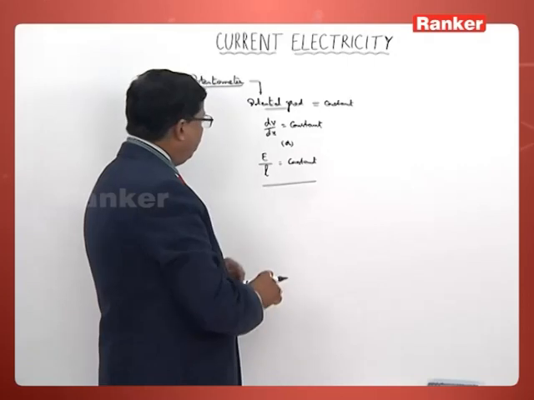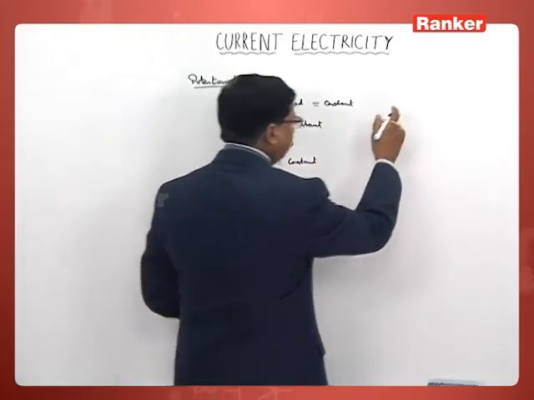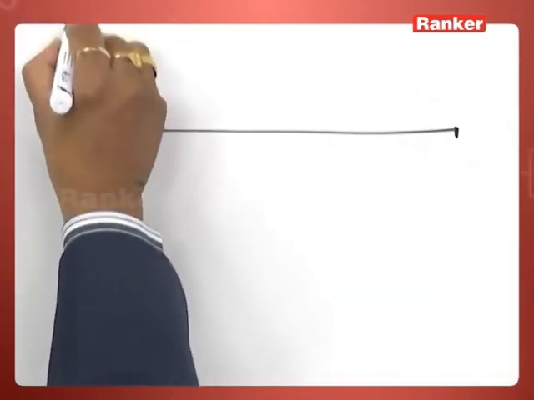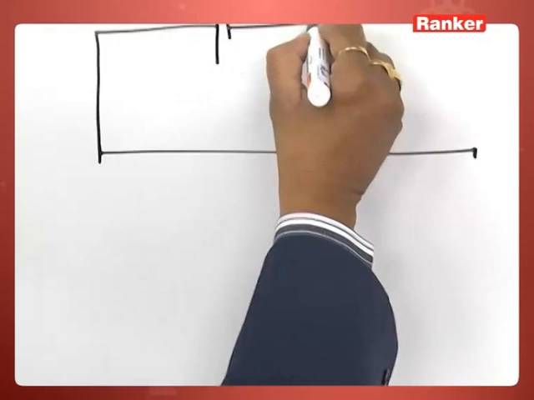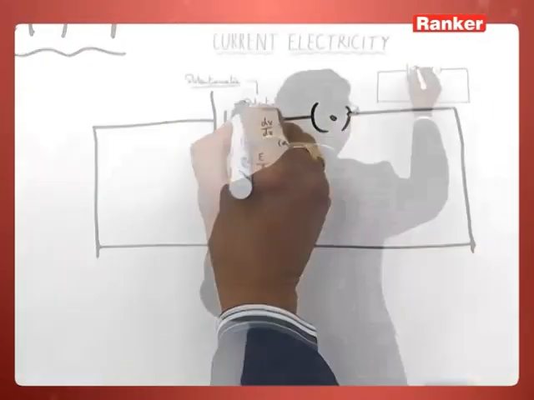Now the second point over here, when we consider this potentiometer circuit, you will find one circuit called the primary circuit.